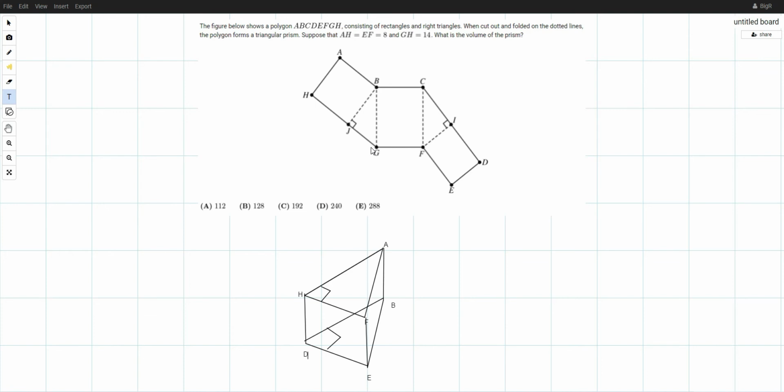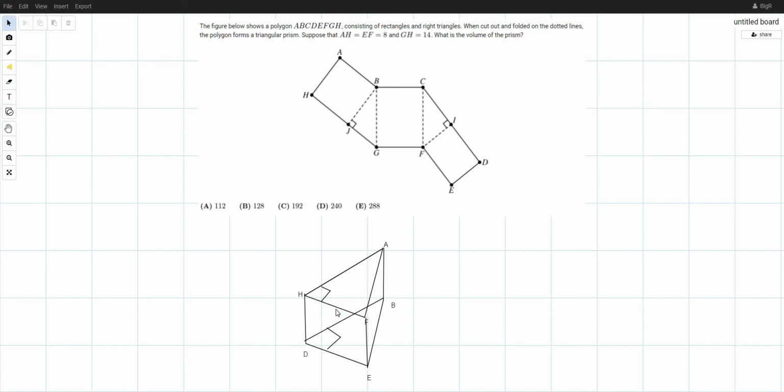So JG is going to be equal to 6. Also, we know about the other lengths. As AH equals 8 and GH is equal to 14, we have HJ equal to 8, so JG has to be 6.